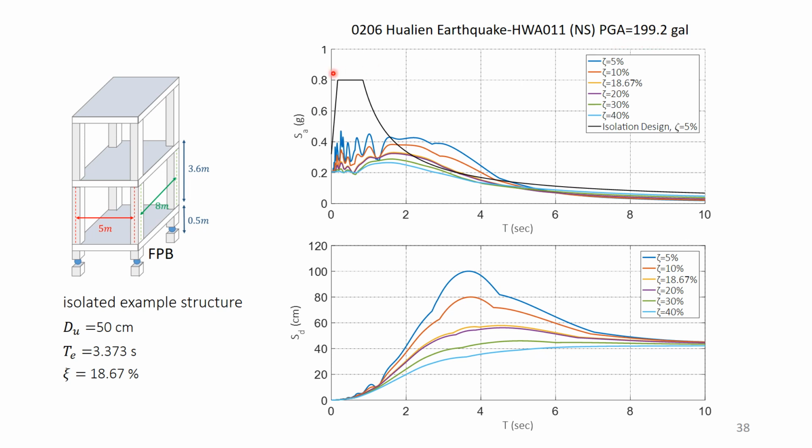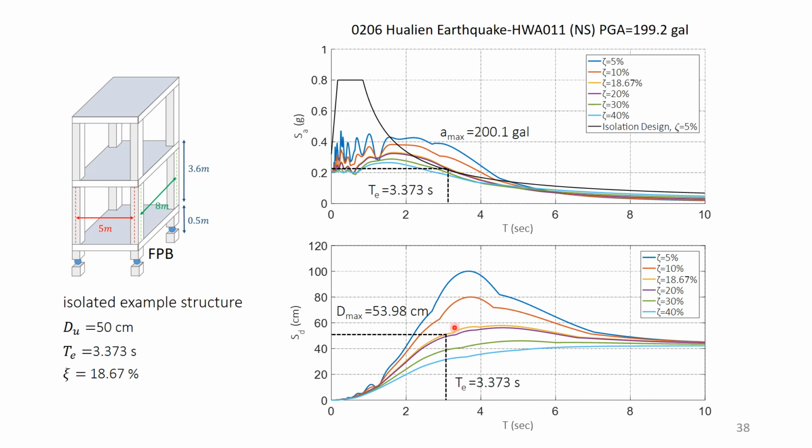So we can draw the corresponding spectral acceleration and displacement spectrum. We can see from the acceleration spectrum that for this FPB retrofit example structure, its maximum acceleration will be 200.1 Gauss.